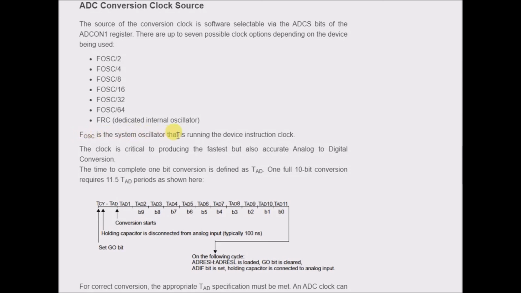FOSC is the system oscillator that is running the device instruction clock. The clock is critical to producing the fastest but also accurate analog to digital conversion. The time to complete 1-bit conversion is defined as TAD. One full 10-bit conversion requires 11.5 TAD periods as shown here.